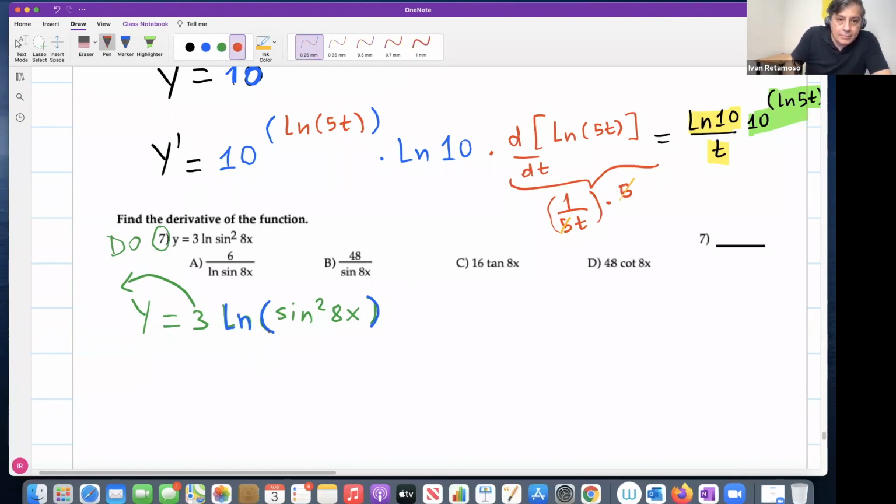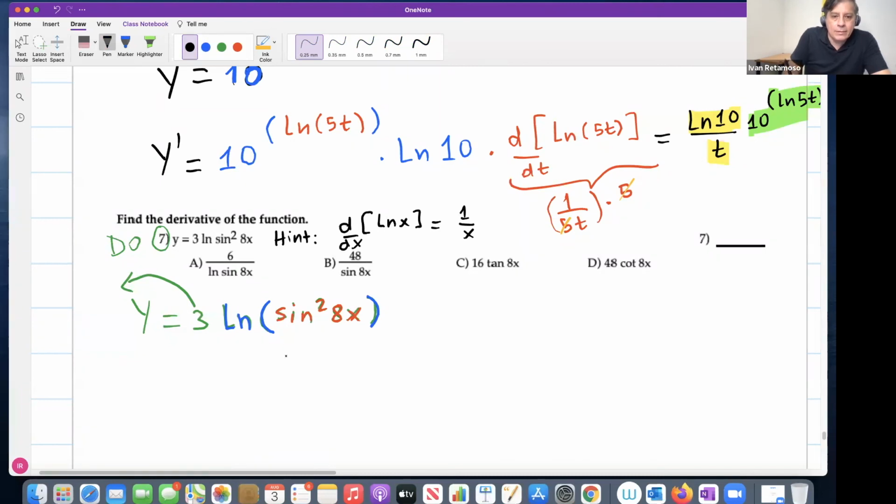Yeah, this is back with natural log, so we can use our formula for natural log, right? Hint here, hint. Derivative of the function natural log of x with respect to x is equal to 1 over x.